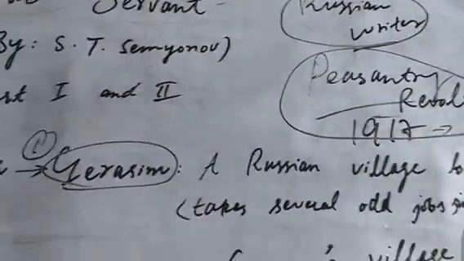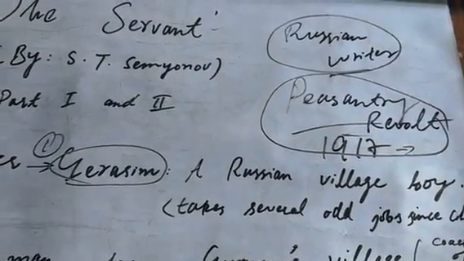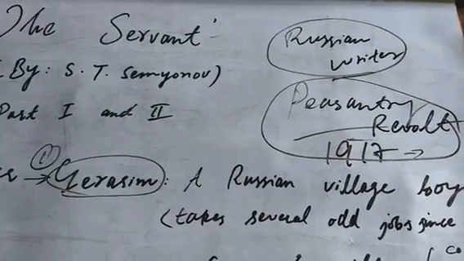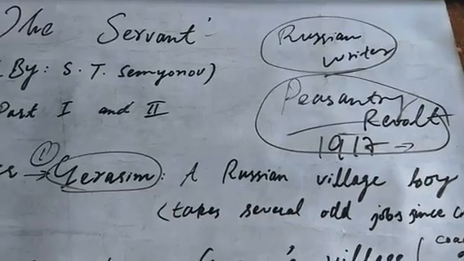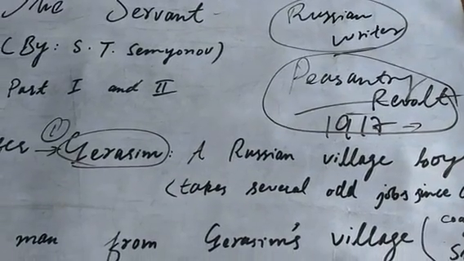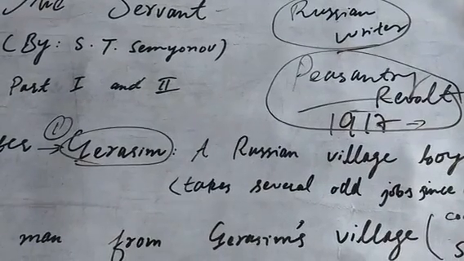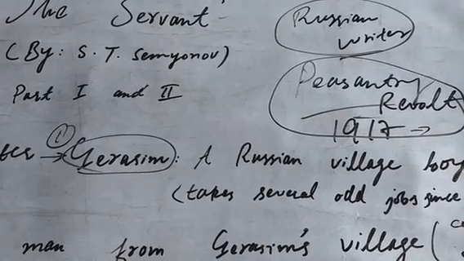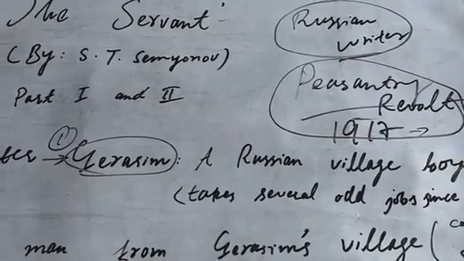Because the peasantry class in Russia used to work day and night in the fields of landlords and nobles, and they would get only a little amount for their hard work, and we can say that they faced discrimination.